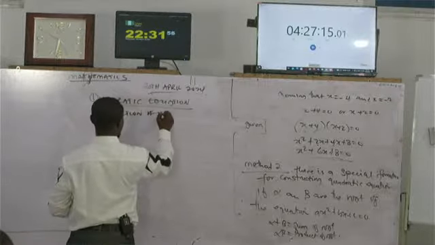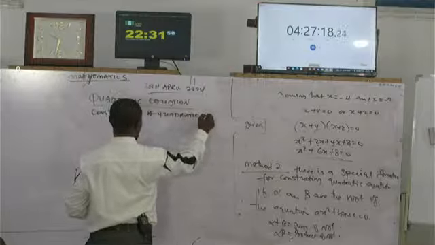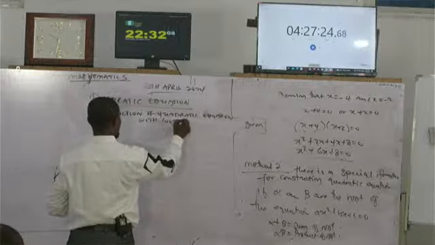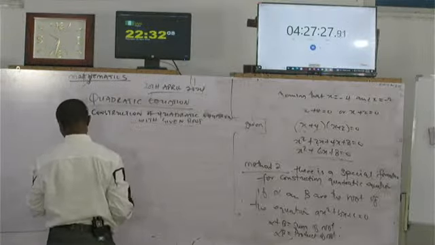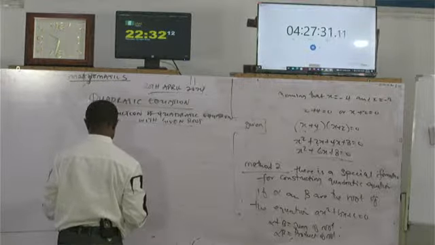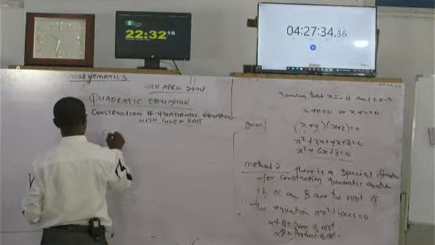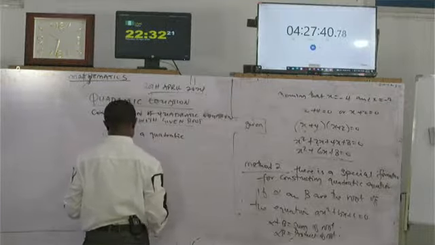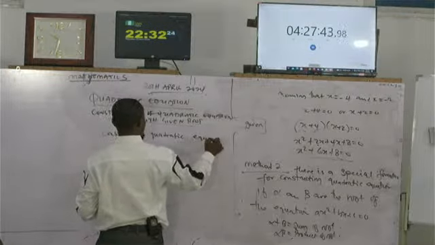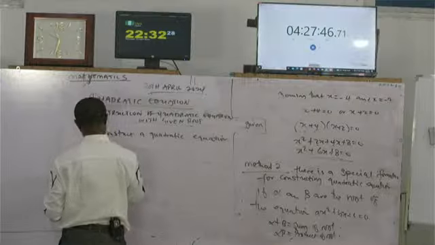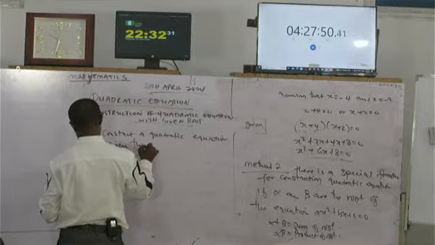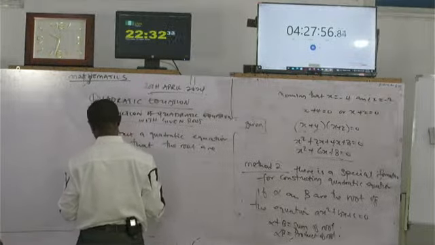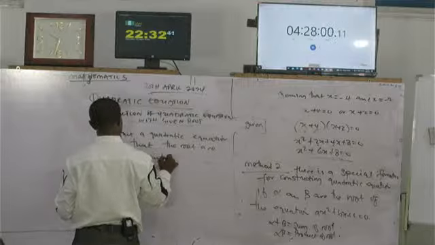Still the same thing. Now they say construct a quadratic equation given that the roots are minus 1 over 2 and minus 1.